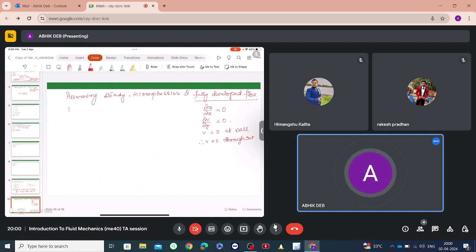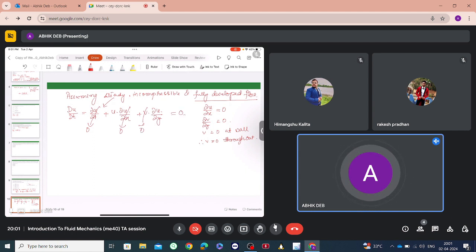Therefore this term du by dt is 0 for steady flow, plus u del u by del x, this is also 0, plus v del u by del y, this is 0. So this term is totally 0.